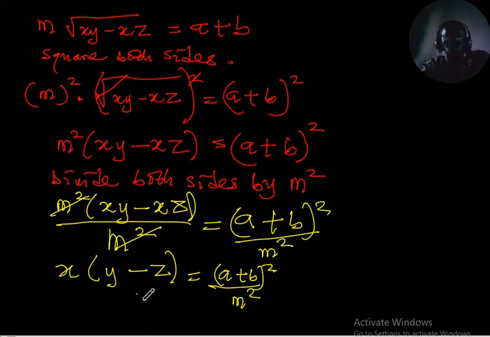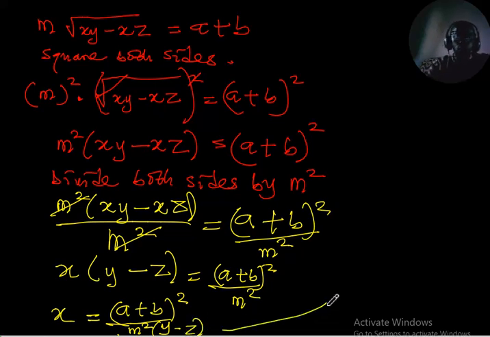So I'll divide both sides by y minus z, so therefore you have x equals a plus b squared over m squared, then divided by y minus z.